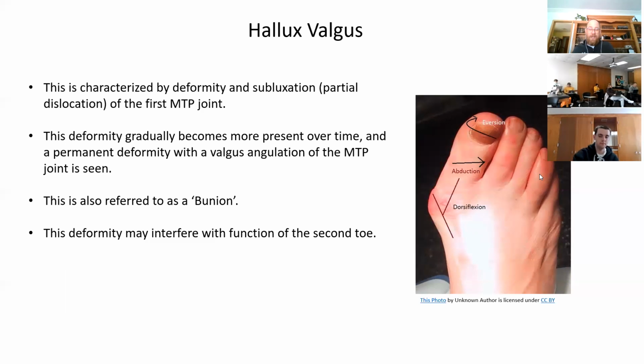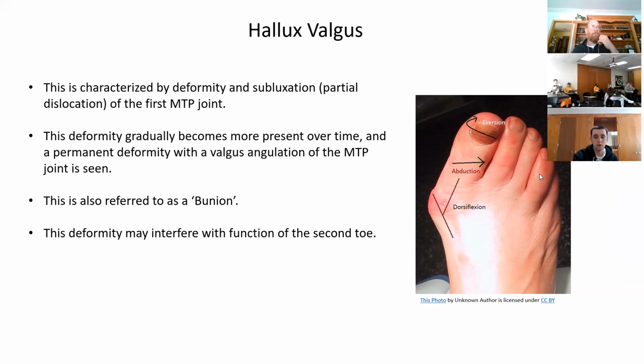Very good. So this is the junction between the metatarsal and the phalange. Who can tell me, by the way, which ray of the foot is affected in this deformity? First ray. Okay, very good. First ray.